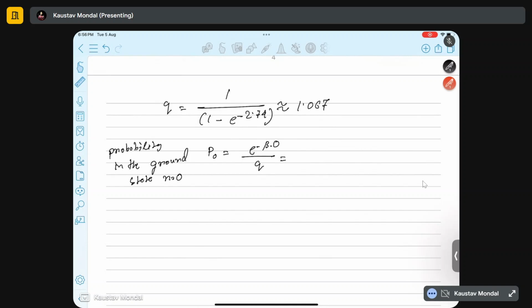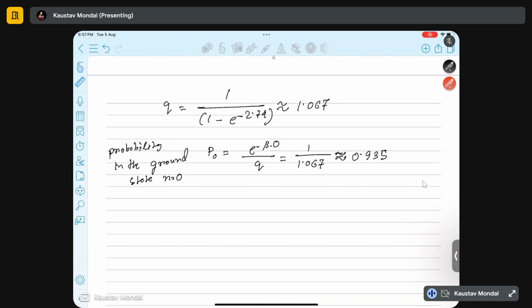So that is 1 by Q, and Q is 1.067. Q we have calculated right here. So if you calculate 1 by 1.067, this gives you 0.935.